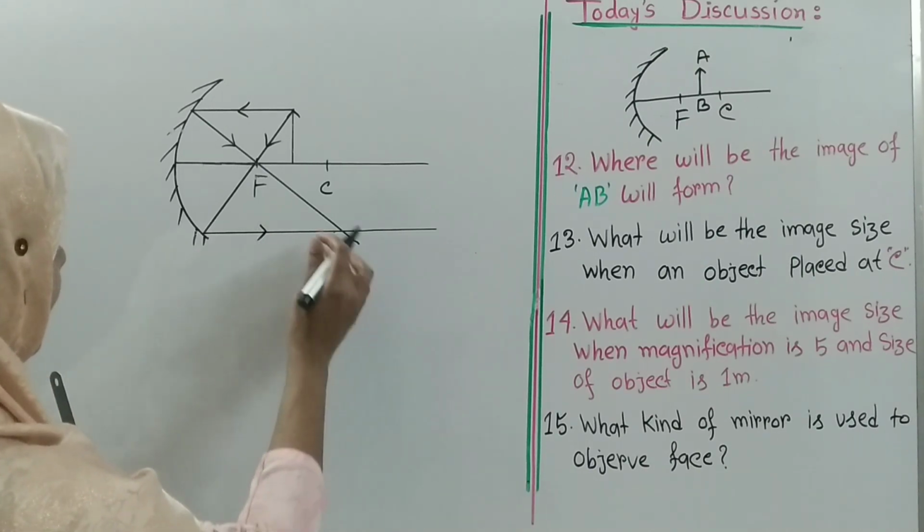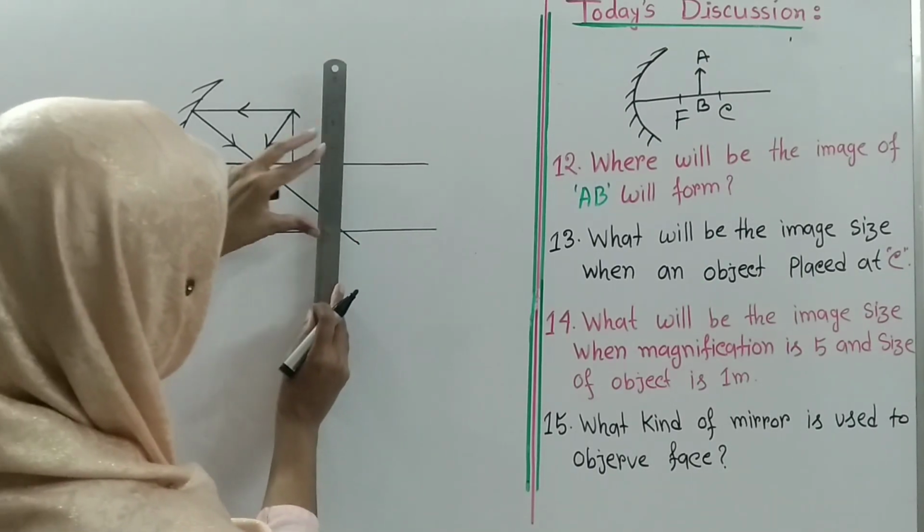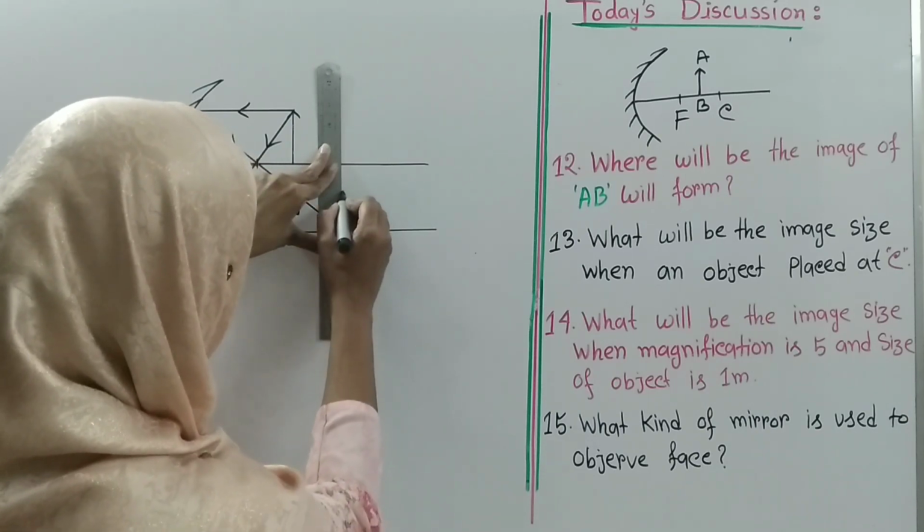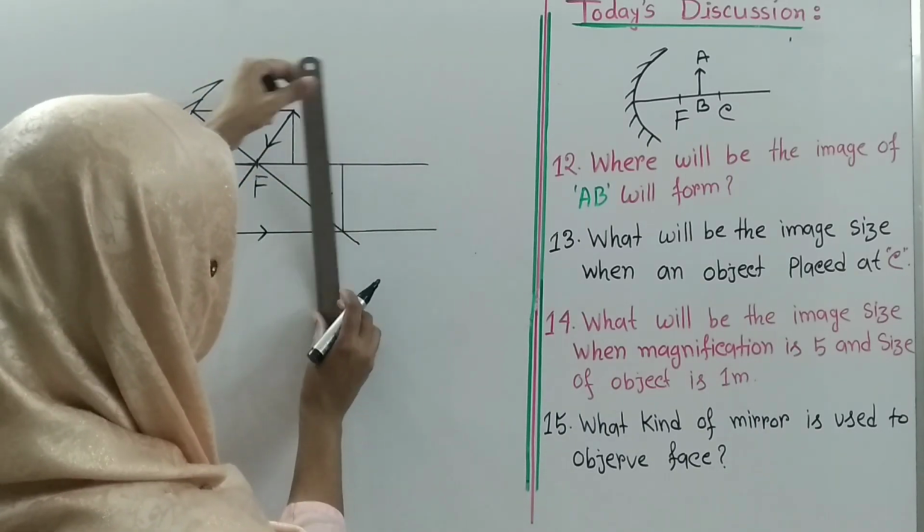And here you can see that these two reflected rays meet here and an image is formed.